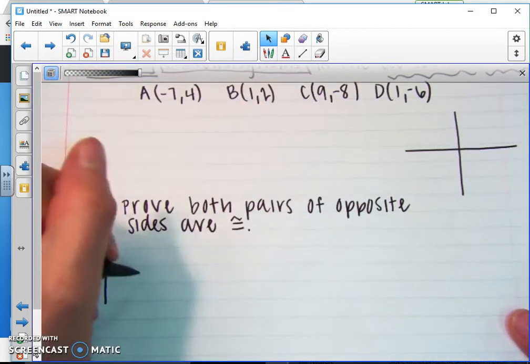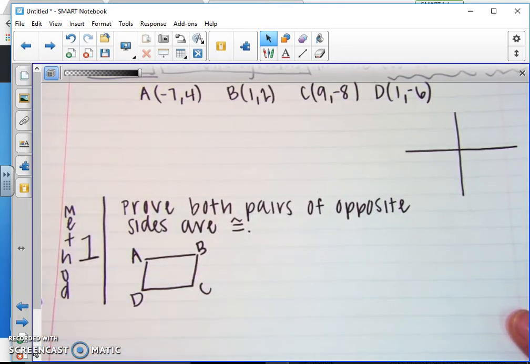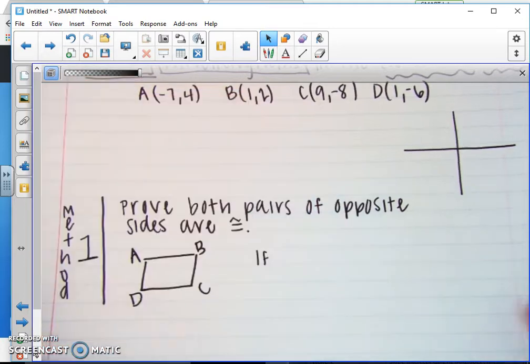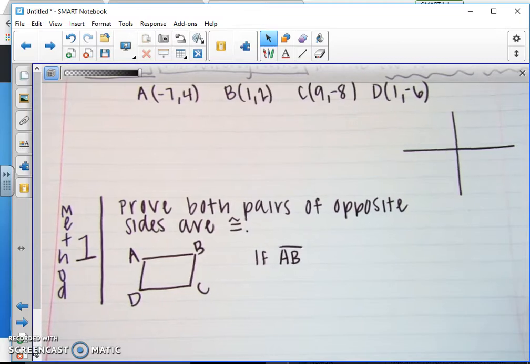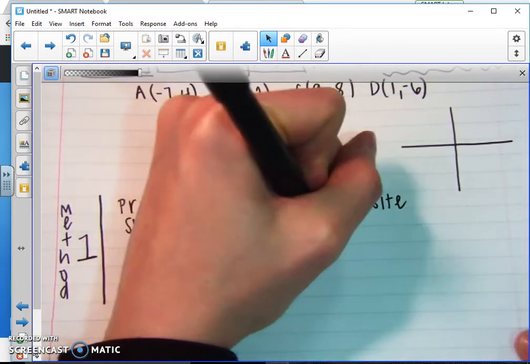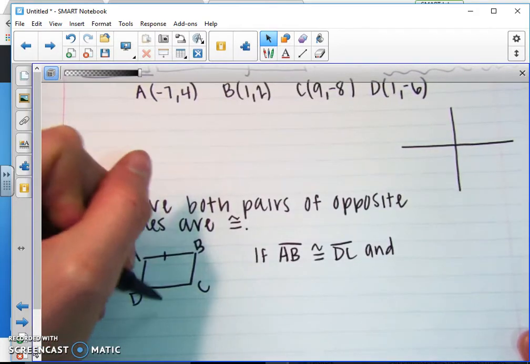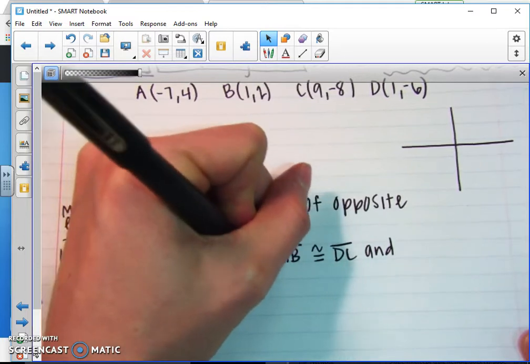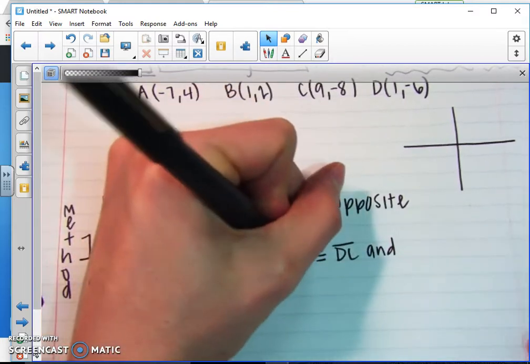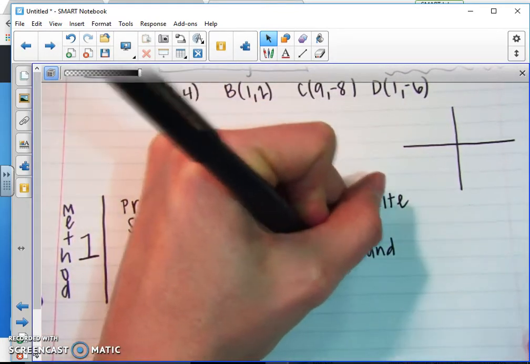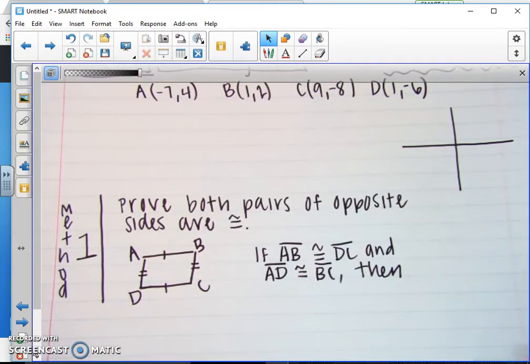Okay, so let's say I have my figure ABCD. Basically, it's saying that if AB is congruent to the opposite side DC, and AD is congruent to its opposite side BC, then this figure ABCD is a parallelogram.